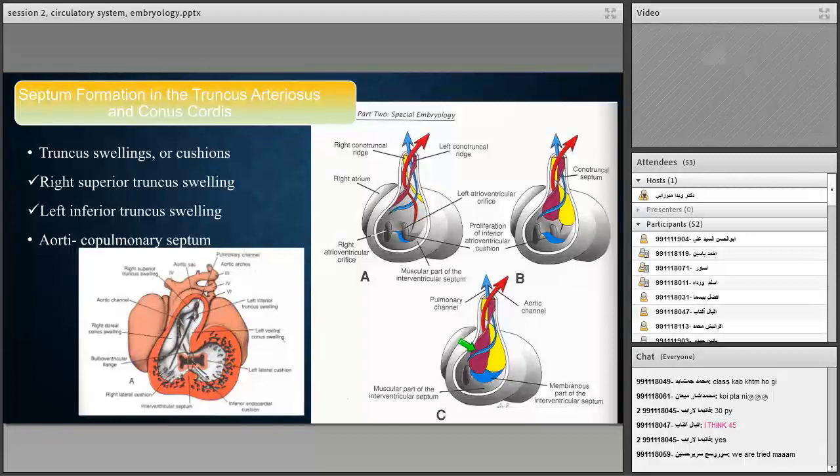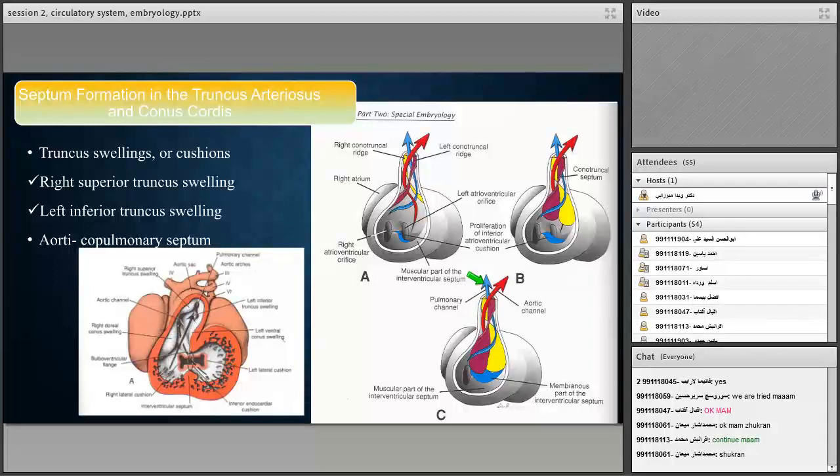We have to finish, so don't be tired. These cushions are twisting, growing toward each other and forming a spiral septum in this part, and also growing to the side of the atrioventricular canal and forming the canals for the aorta and pulmonary arteries.